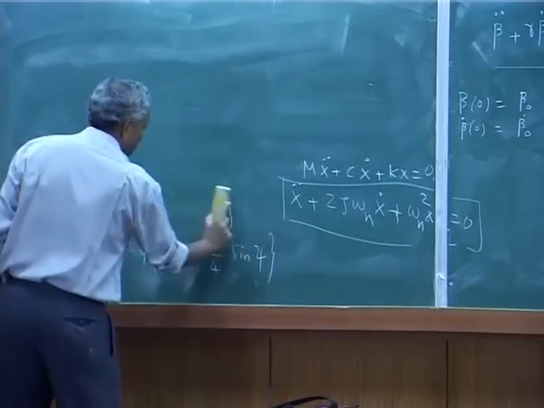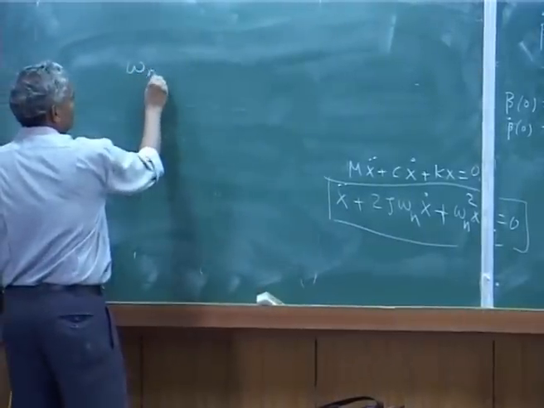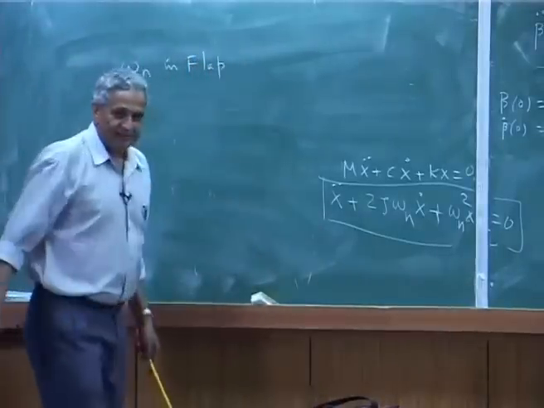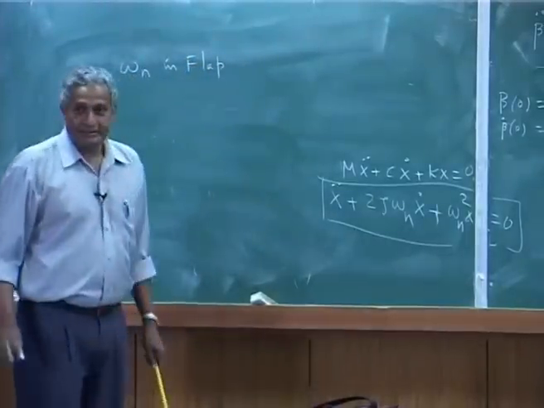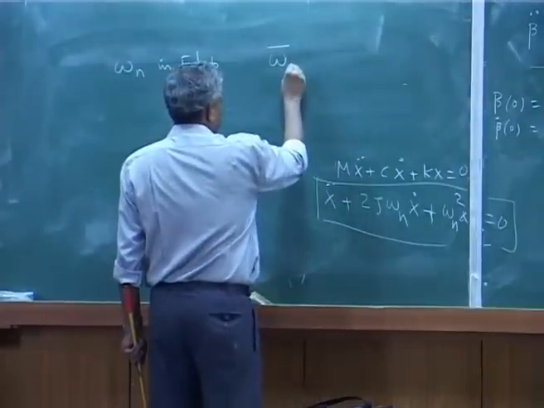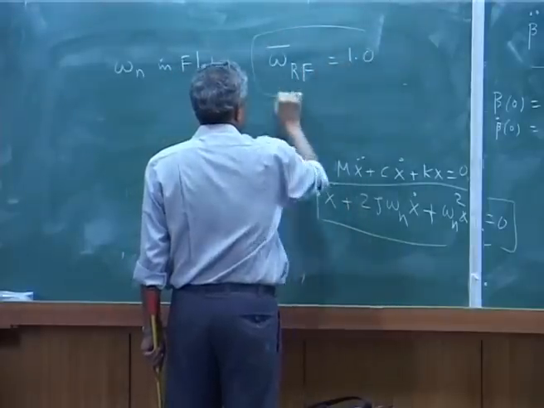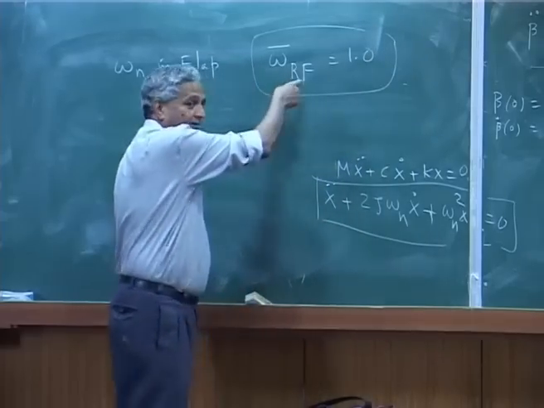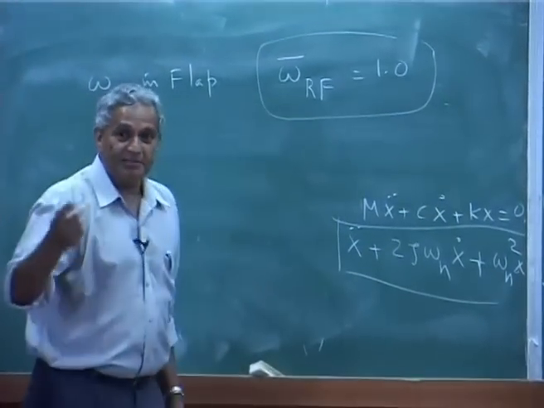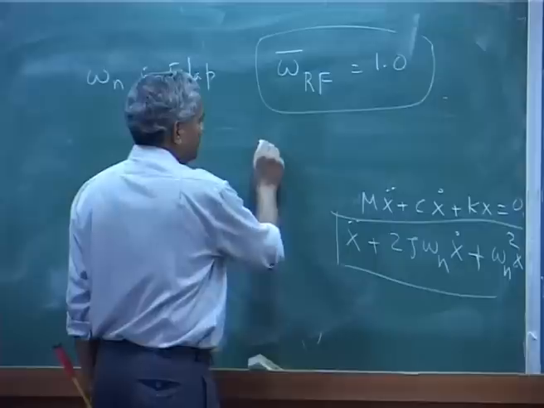Okay. Now you look at the damping part. So your omega n in flap, which I am going to call, rather than omega n, the notation I am going to use is omega bar. Bar is because it is non-dimensionalized with respect to capital omega.